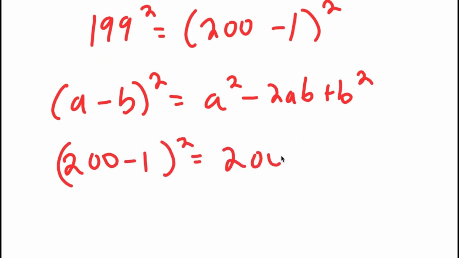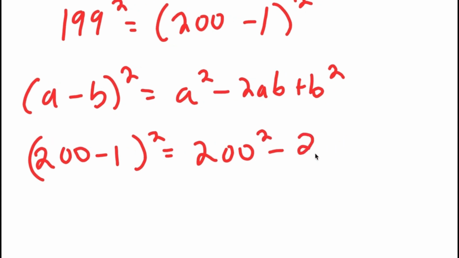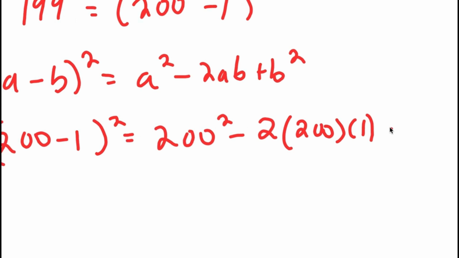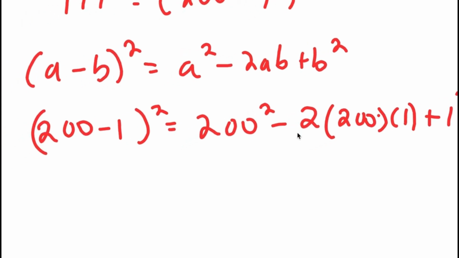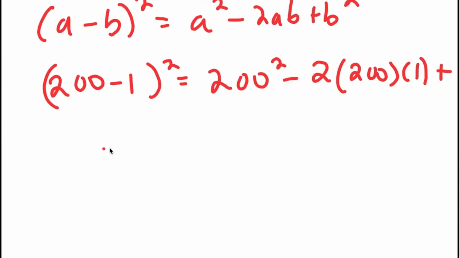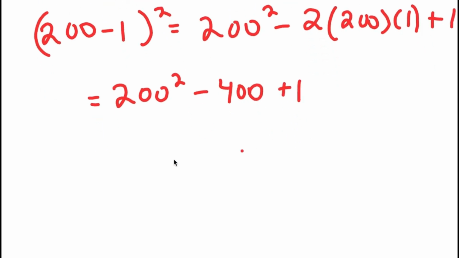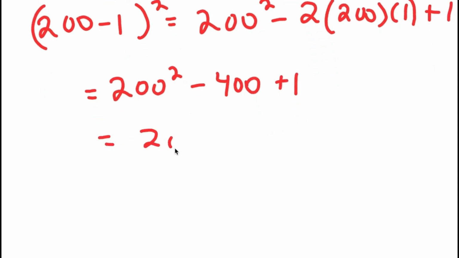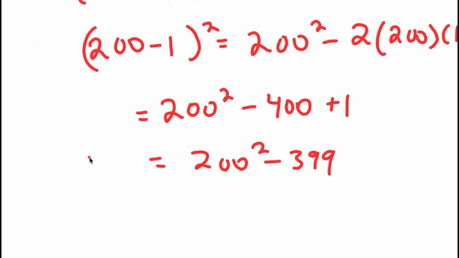is equal to 200 squared minus 2 times 200 times 1 plus 1 squared. And now this is equal to 200 squared minus 400 plus 1, which is equal to 200 squared minus 399. So this is the value of 199 squared.